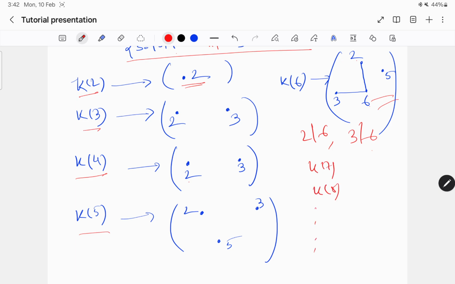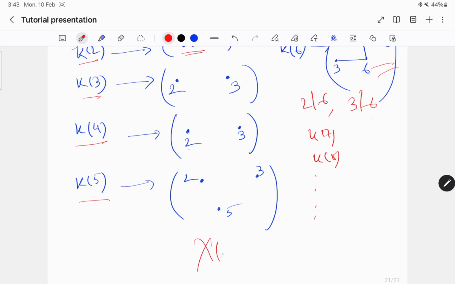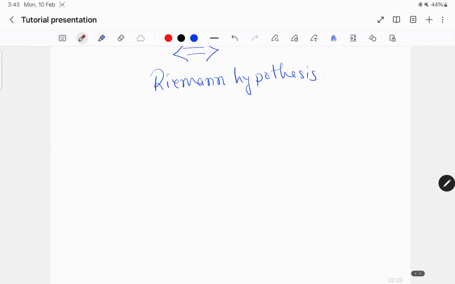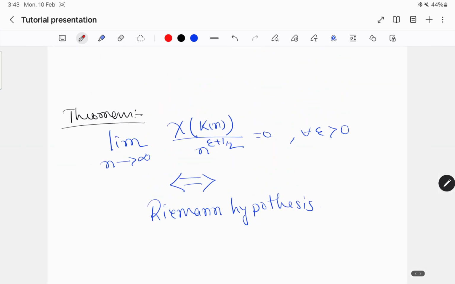So you get a sequence of simplicial complexes, and therefore a sequence of integers. Now the deep result is that this limit involving the sequence of Euler characteristics is actually equivalent to the Riemann hypothesis.